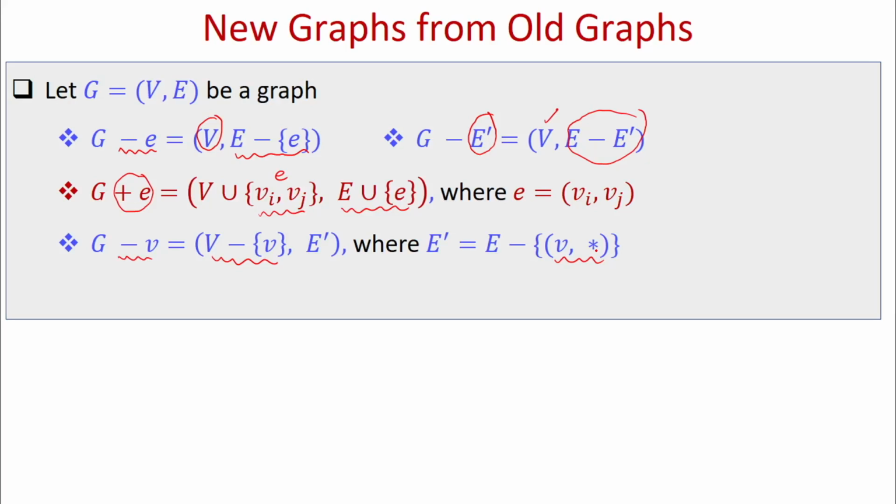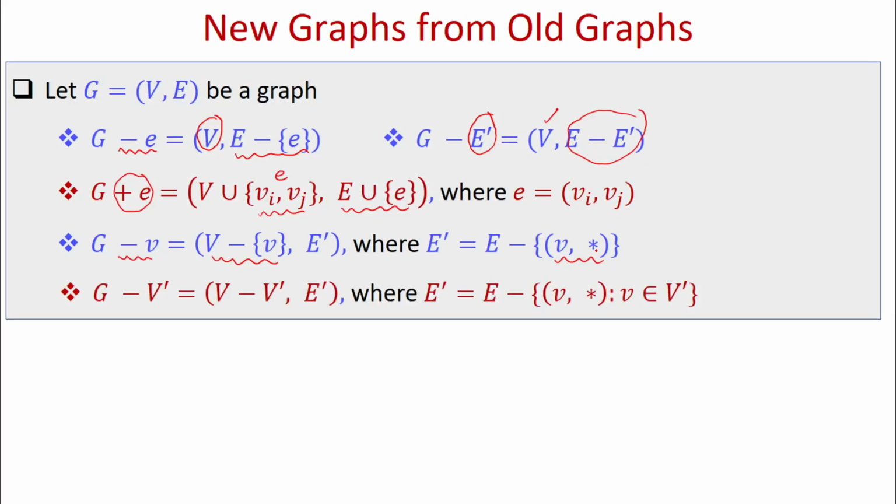So if I remove a computer from the network, then whichever cables have one of their endpoints as that computer, those edges won't be there anymore in my computer network. So I have to modify my edge set as well.